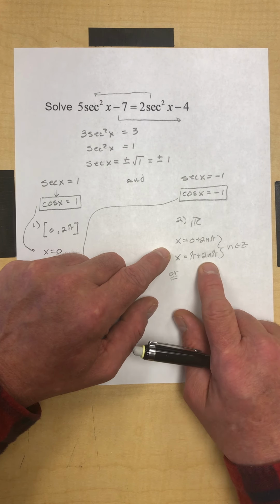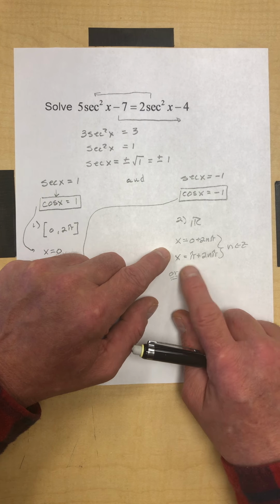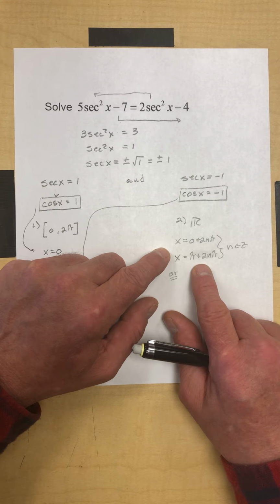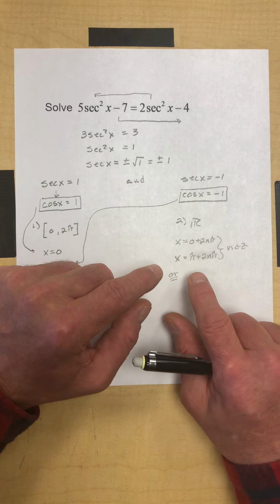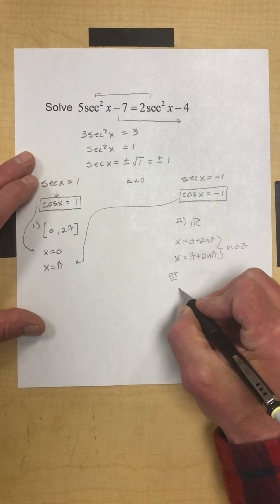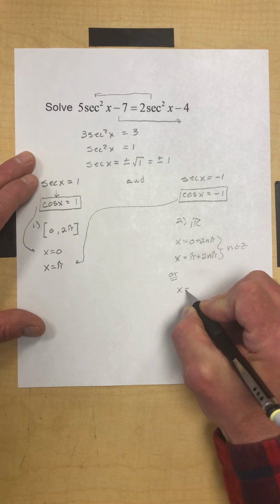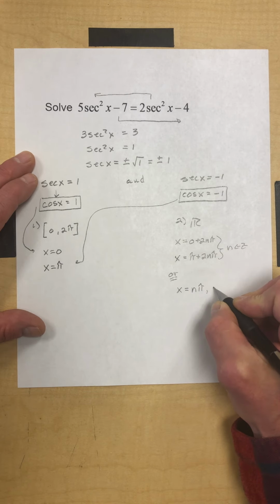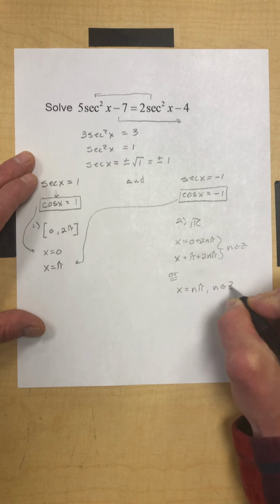If 2n pi is even and we add pi to it, that has to be odd. So these are all the even multiples of pi, and these are all the odd multiples of pi. Put them together and we have every single multiple of pi, both odd and even. So the best way to do this would be x equals n pi, where n is an integer.